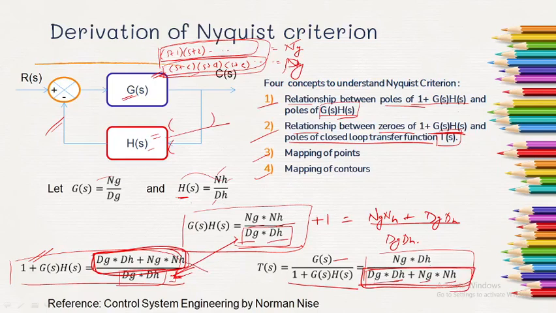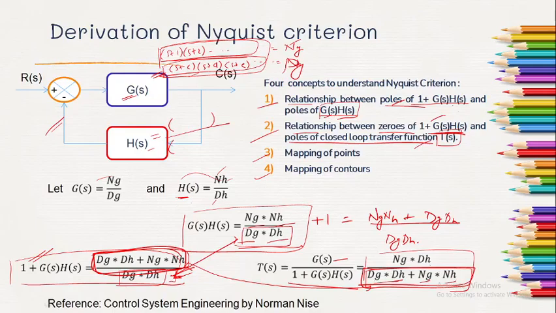Again you can see that these two are essentially the same. The poles of 1 plus G(s)H(s) and the poles of G(s)H(s) are the same. Similarly, the zeros of 1 plus G(s)H(s) and the poles of the closed loop transfer function are also the same.